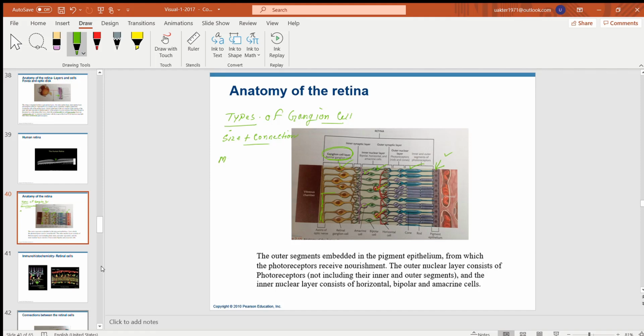One type is called midget cells. Another type is called parasol ganglion cells. Another type is called the bistratified.